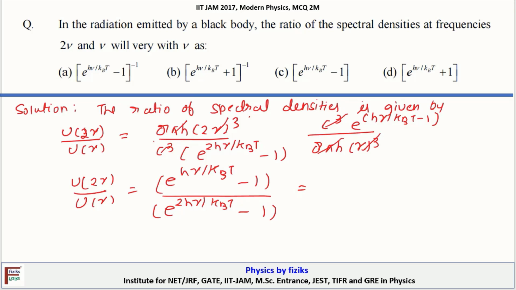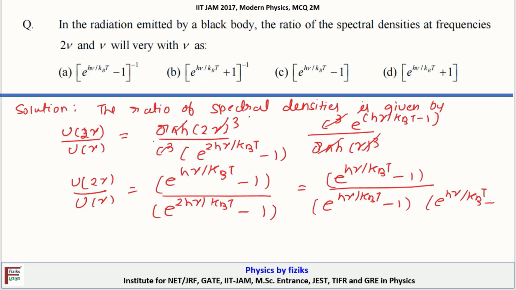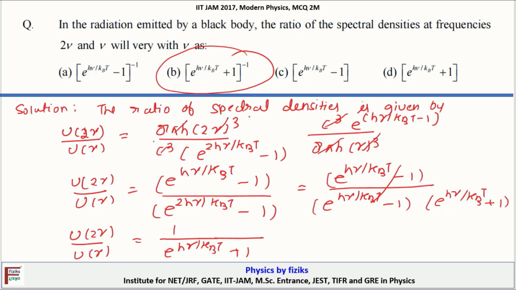That can be written as (e to the power h nu by kBT minus 1) divided by (e to the power h nu by kBT minus 1) into (e to the power h nu by kBT plus 1). So this ratio depends upon 1 by (e to the power h nu by kBT plus 1). That means option B.